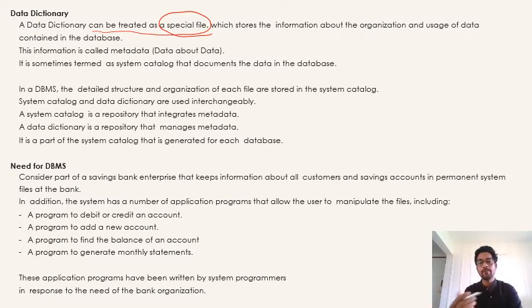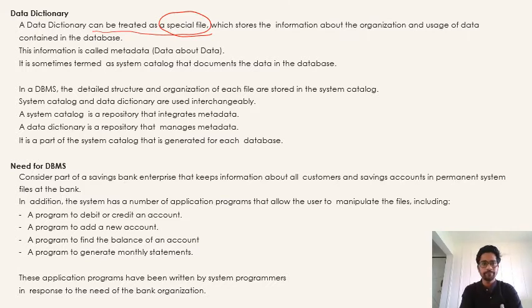That kind of diary is also considered a data dictionary, which stores the information about the organization. Here, organization means how you are going to organize the data, how you are going to represent the data, and how you are going to structure the data. That information is stored in the data dictionary, as well as information about how the data can be retrieved, or the data usage.